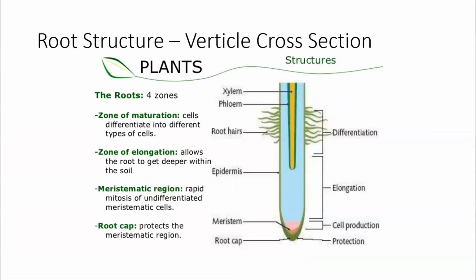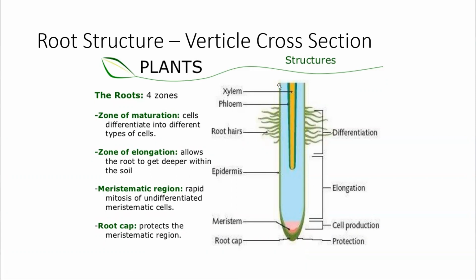Now, let's go ahead and get into the roots themselves, okay? So if we look at a vertical cross-section of a root, we see 4 different zones. There's a zone of maturation, a zone of elongation, a meristematic region, and then a root cap, okay?